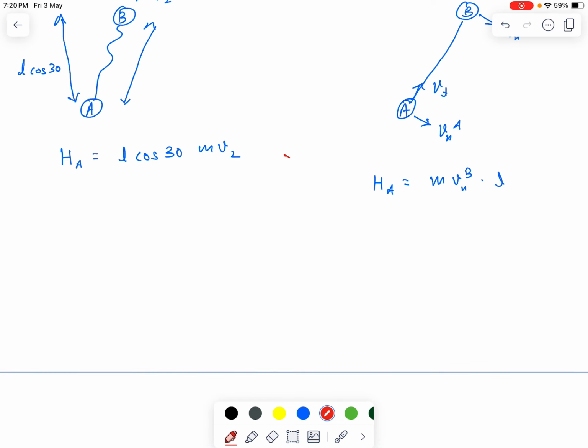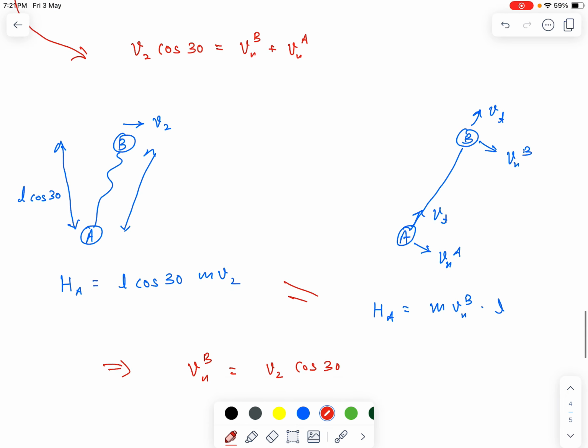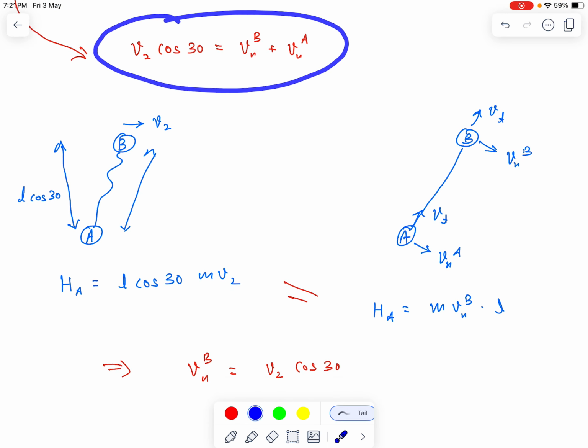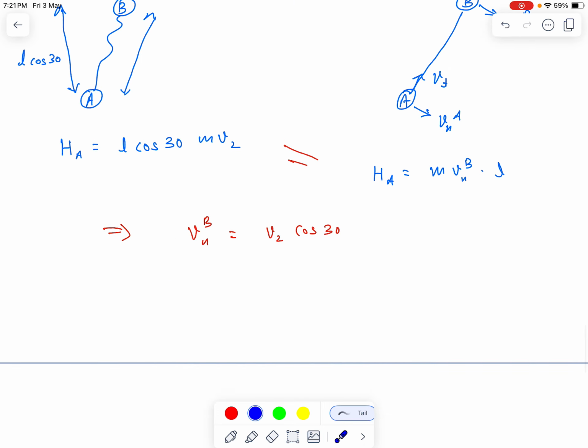When you equate these two, this will give you Vnb is equal to V2 cos 30. Since earlier we also got this expression, when you equate and use these two equations, you can get Vna is equal to 0.